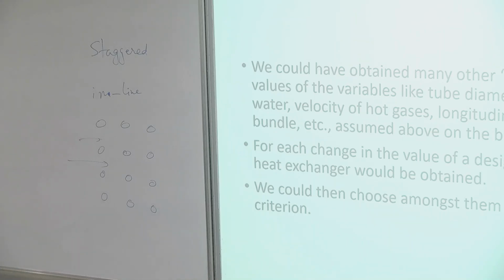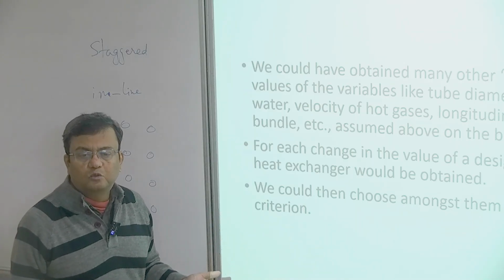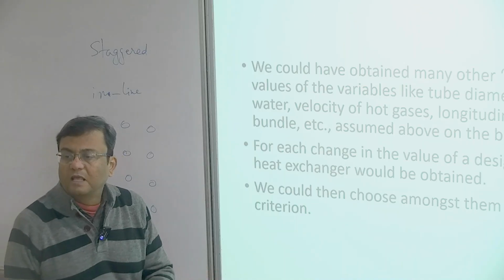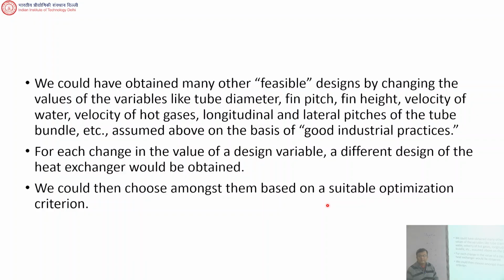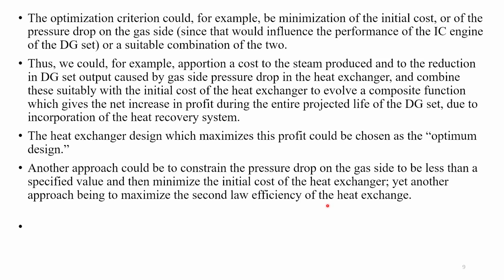So we will have to do some kind of an optimization to choose a design which is the best amongst many possible feasible designs. So how do we do this optimization? Optimization we will cover in the latter part of the course, after the mid semester.